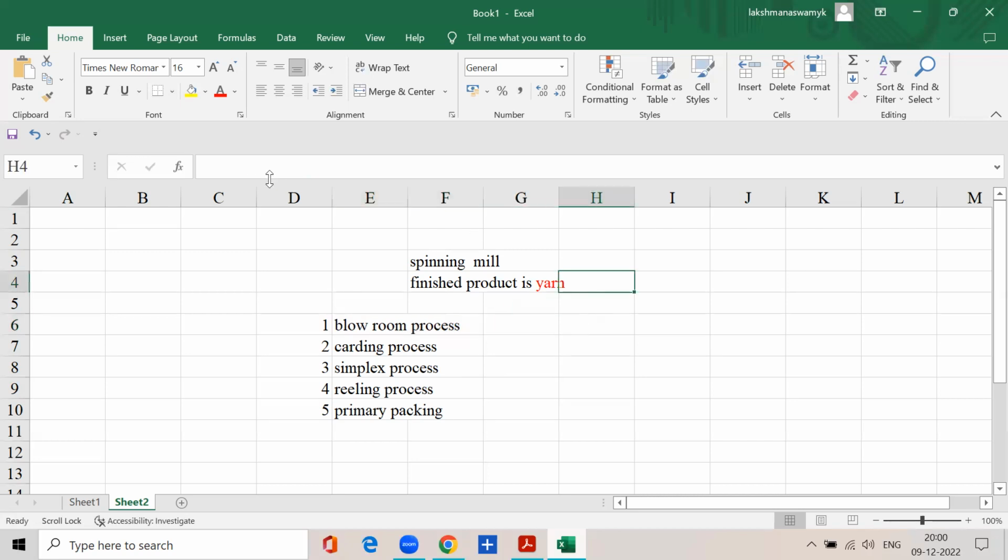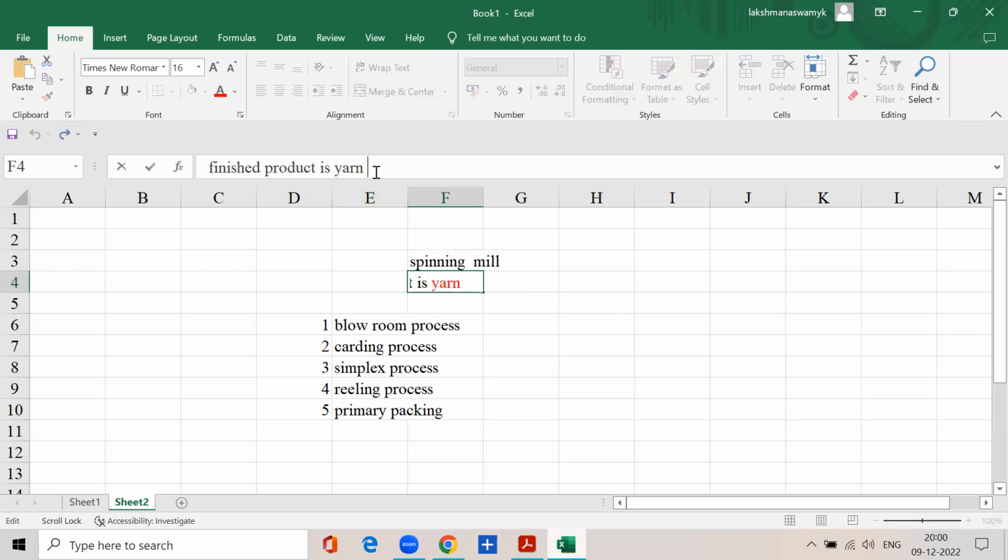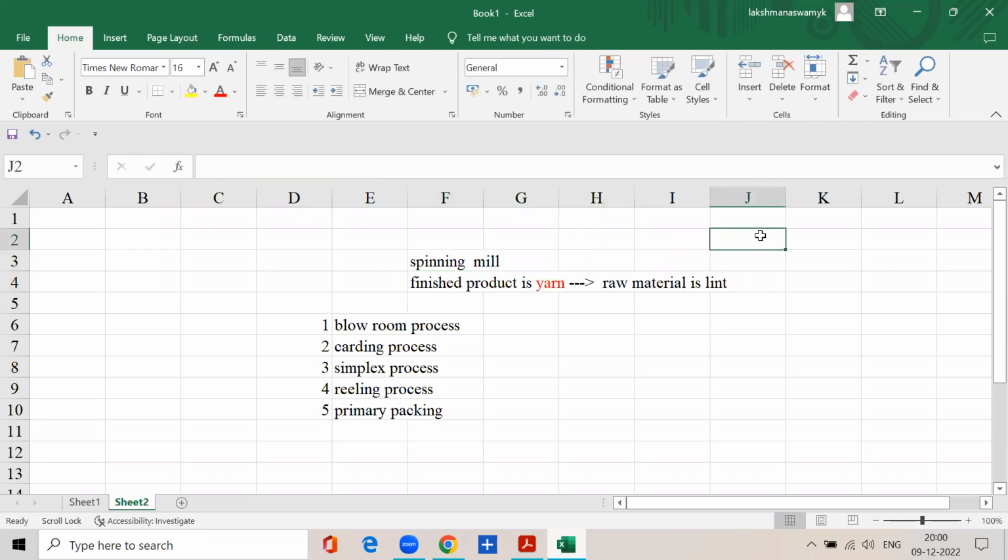See, for the yarn, the raw material is linked. So linked is nothing but separated fiber from the cotton fruit.